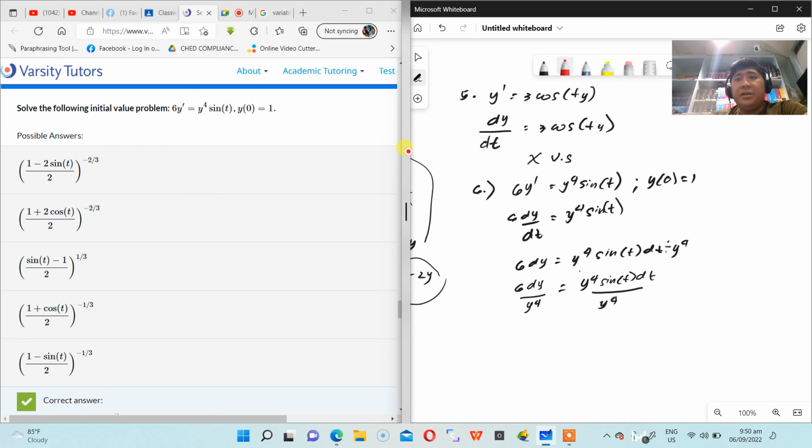We could eliminate y raised to the power 4 and remain with 6 dy over y raised to the power 4 equals sine of t dt. So we could now integrate. What is the integral of this?